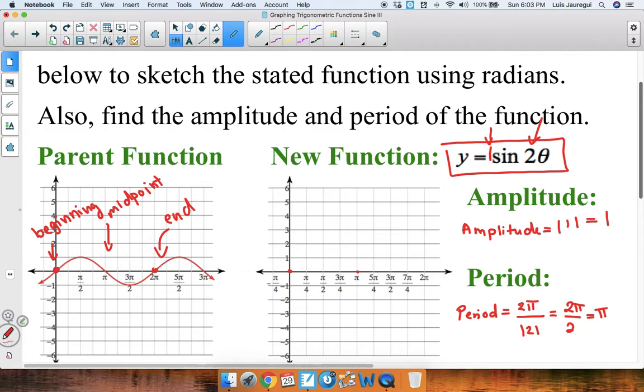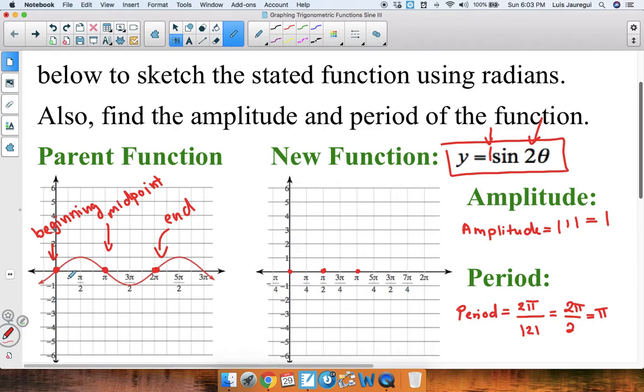Here I have a 0, and I also have a 0 here as well. So if we were to go from 0 to pi to get the graph for the whole period, we can say, at the beginning I'm going to have a 0, at the end I'm going to have another 0, and halfway there in the midpoint, which here happens to be at pi over 2, I also have a 0.